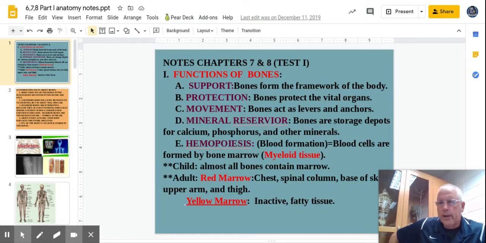What happens to the rest of it? That's a good question, because you don't want to just lose it, because then those bones will become hollow, because the bone marrow is in the center. I'll show you a picture in a sec. It is in the center of those bones, and if we lose that, then we have a hollow bone on the inside. So we replace it with that adipose tissue we talked about last chapter, fat tissue.